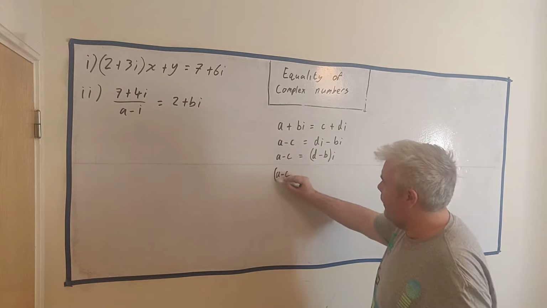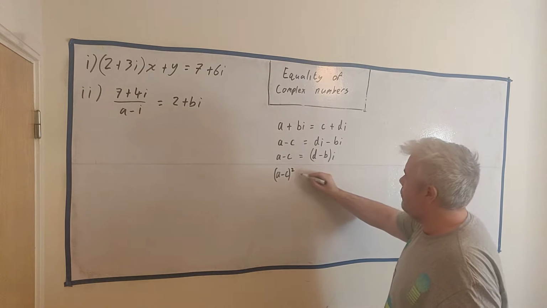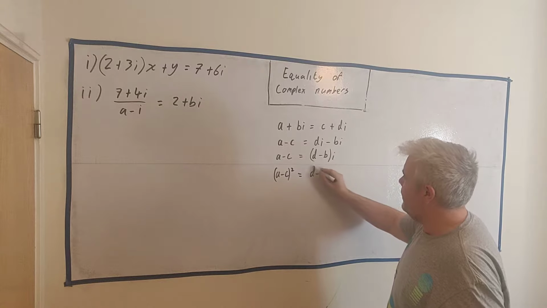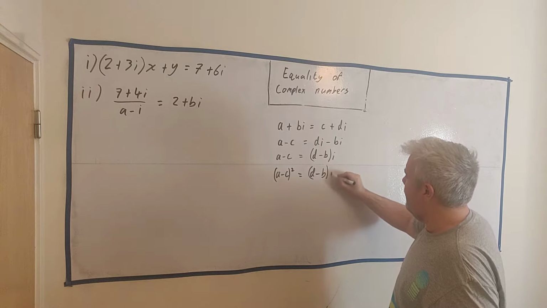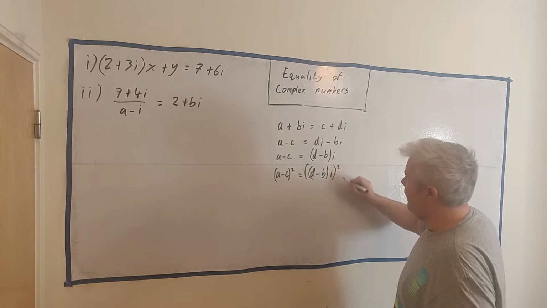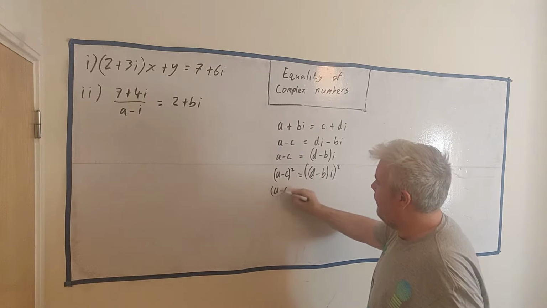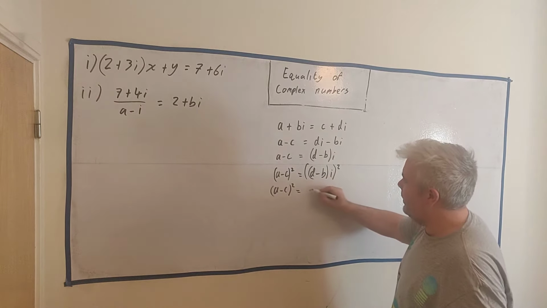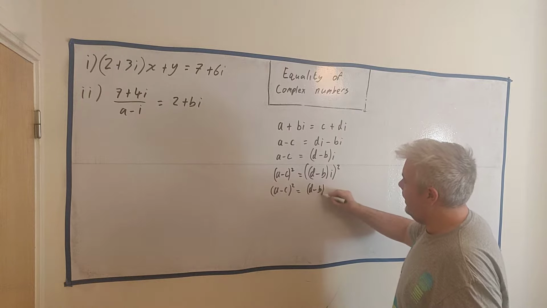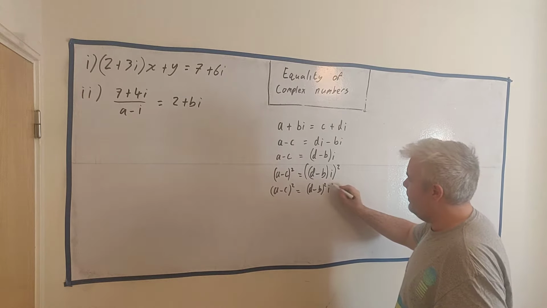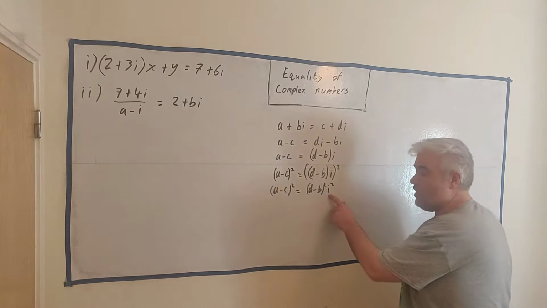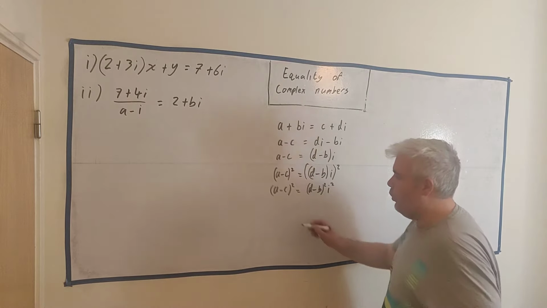Sorry, my voice is going a little there. So a minus c squared is equal to d minus b times i, all of that squared. And now remember, when two numbers are multiplied and squared, it is just d minus b, that part squared, and this part squared. So what's i squared? i squared is minus 1.